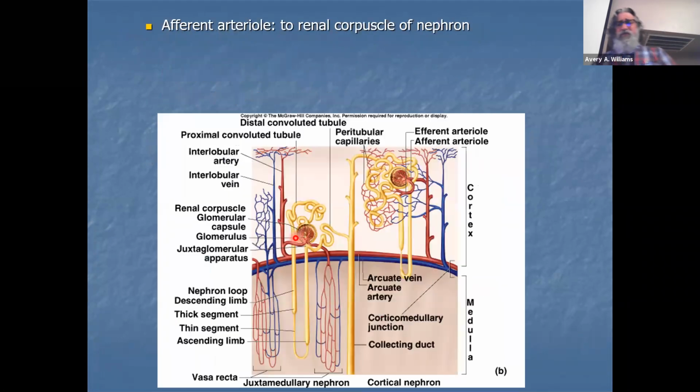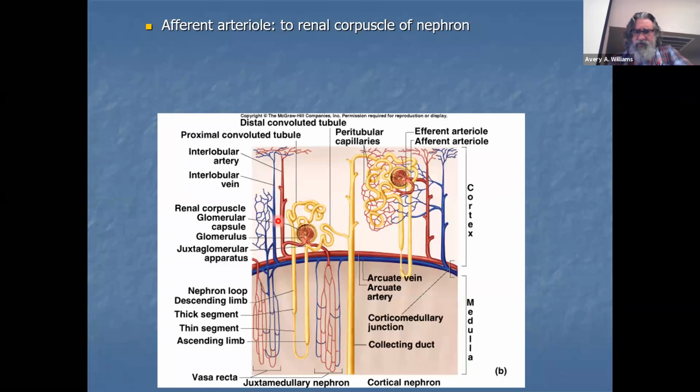Next slide, I'm going to zoom in right here at the corticomedullary junction. Zoom, bam, here we are. There's the arcuate artery right there. And then there's the interlobular artery coming up. As you can see, there are branches coming off of the interlobular artery. The little branches are known as afferent arterioles.